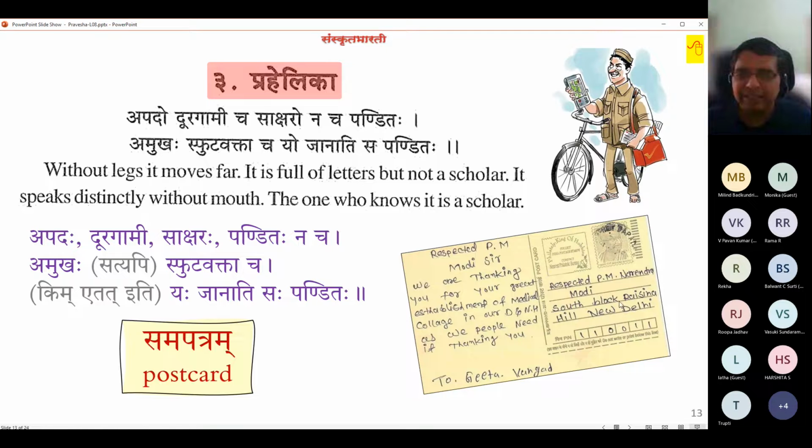I have pulled an interesting letter to Modi from Geeta Vangad, who must be from Maharashtra somewhere. South Block, Raisina Hill, New Delhi. What a simple address.